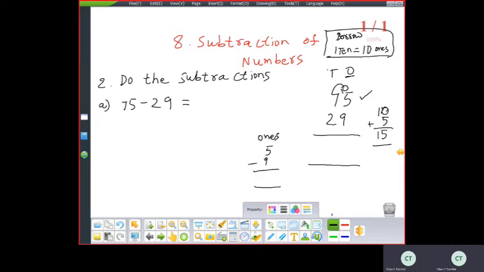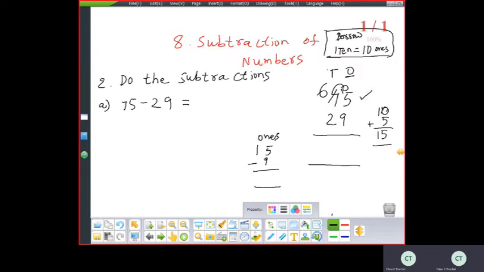Yes, now it is 15. From 7 tens, we taken 1 ten as borrow. 7 minus 1, 6.